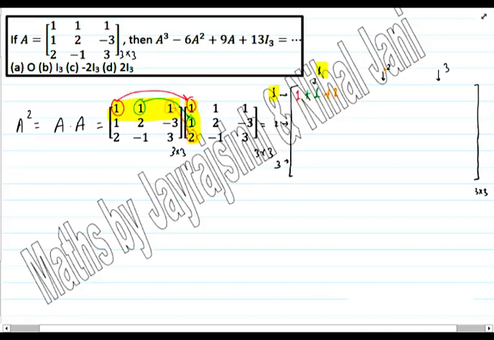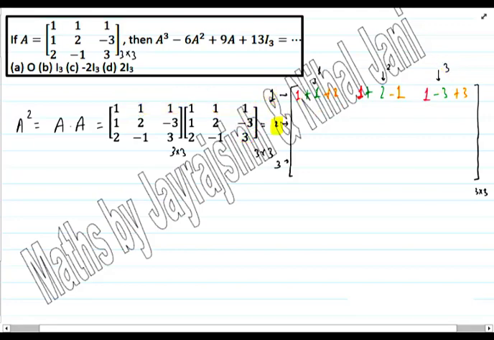Now the next element, which is in first row, second column, will be obtained by 1 into 1 plus 1 into 1 will give us 2, and the last element into minus 1 will give us minus 1. Similarly, first row, third column will be obtained from the first row and third column like this. Okay, now let's move to the second row.